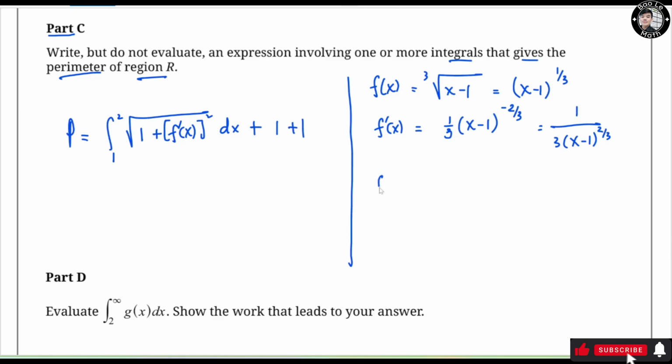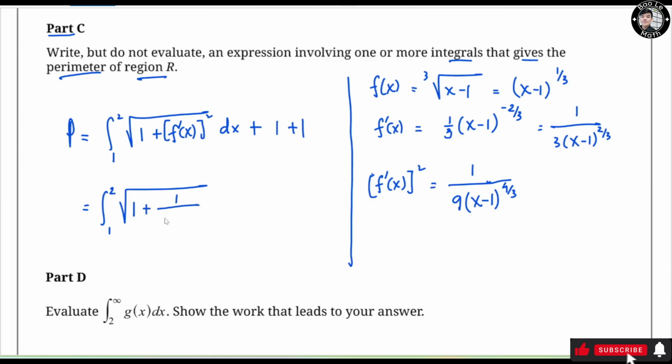So we're going to square this guy, f prime of x altogether squared. It's going to be 1 over 9 times (x minus 1) raised to the negative 4/3, right? So we substitute over here, so it's going to be the integral from 1 to 2 of square root of 1 plus 1 over 9 times (x minus 1) raised to the negative 4/3 dx plus 2, right?